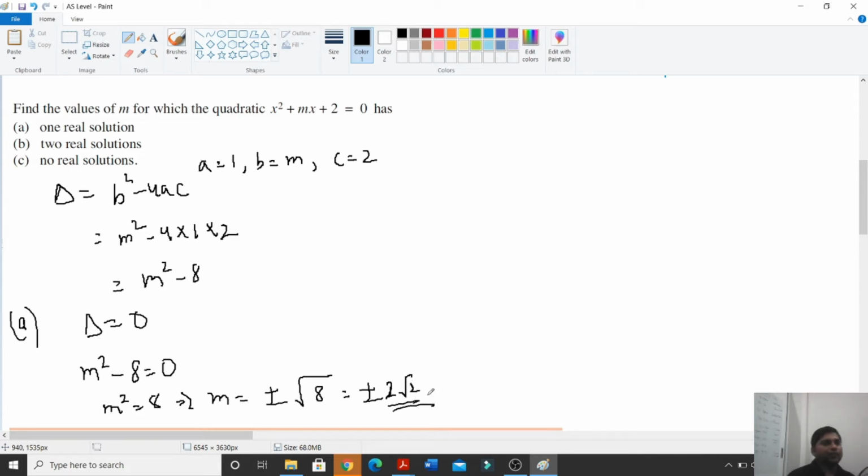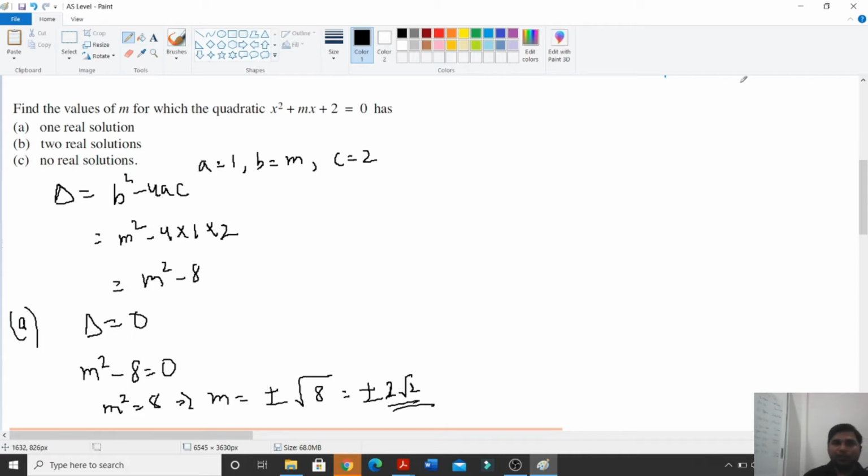Those are the two values of m for which there will be one real solution. In this question you don't have to find the values of x. You need to find the value of m so that x will have only one value. That's what it means.